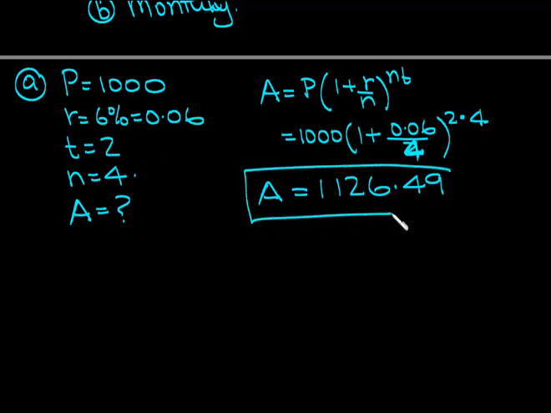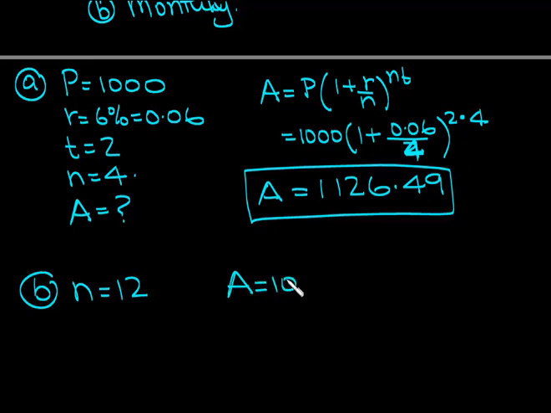$1,126.49. That's how much money you'll have at the end of that period. If I do the same problem again, except this time n is 12, we get A is equal to 1,000 times (1 plus 0.06 over 12) to the power of 2 times 12. So let's do that again.